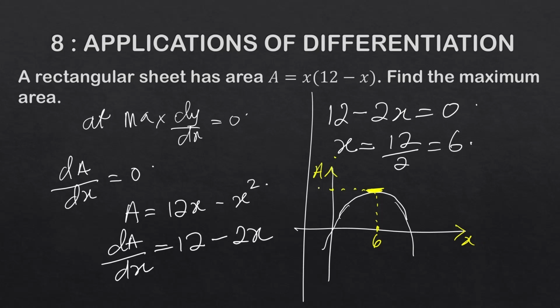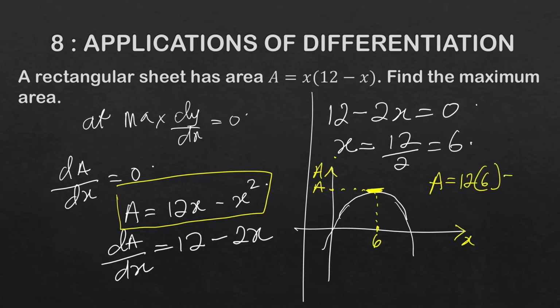I don't know the value of A when it is maximum, and that is the area I'm looking for. To get this, I have to substitute the value of x into the original equation. Therefore, A is equal to 12 bracket 6 minus 6 squared.